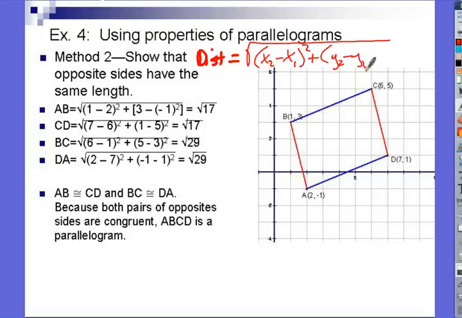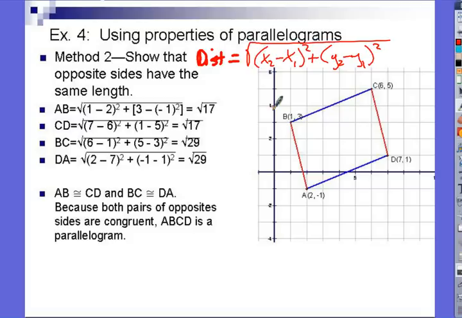Good. So if we plug that stuff in, from A to B, the difference in the x's, so 2 minus 1 would be x2 minus x1. Or they did it backwards, 1 minus 2. The difference in the y's then would be 3 minus -1.